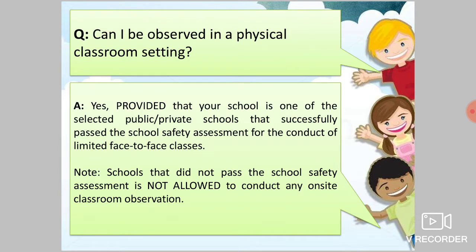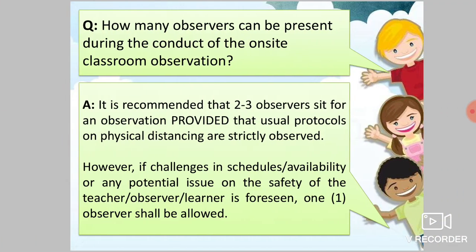Can I be observed in a physical classroom setting? Yes, provided that your school is one of the selected public or private schools that successfully passed the school safety assessment for the conduct of limited face-to-face classes. Note, schools that did not pass the school safety assessment are not allowed to conduct any on-site classroom observations.